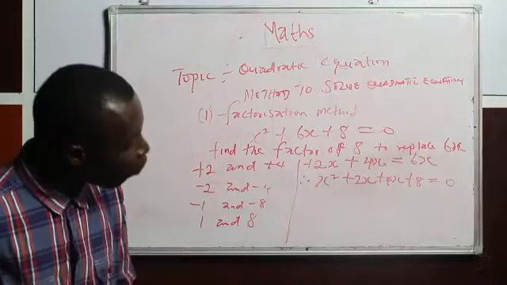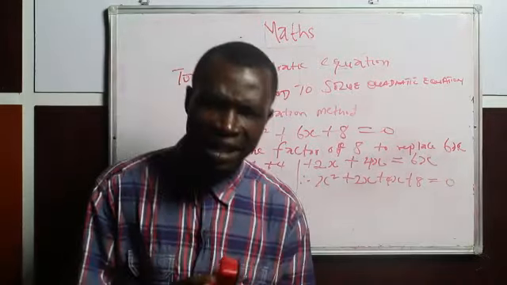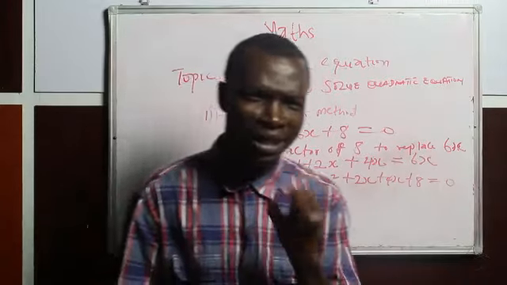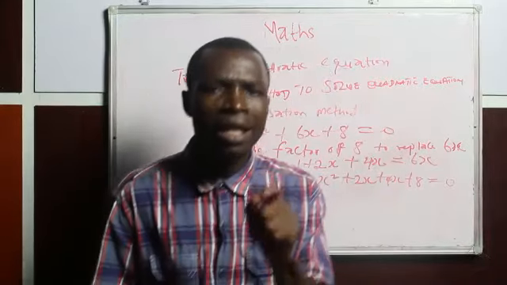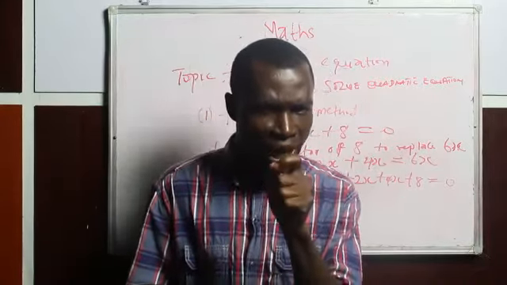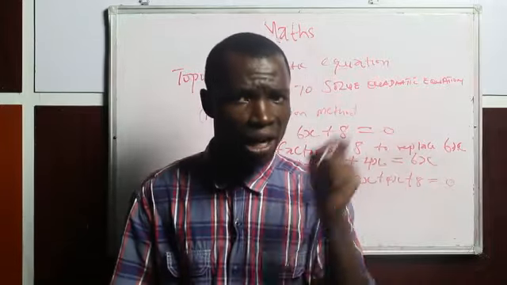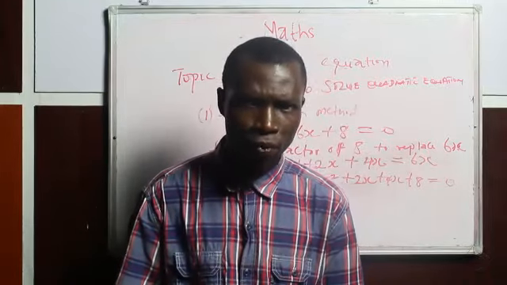Plus 2 and plus 4 satisfy the factors of 8 to replace 6x. That is why we call it the factorization method: the factors of c, in ax squared plus bx plus c equal to 0, satisfy this equation, x squared plus 6x plus 8 equal to 0.